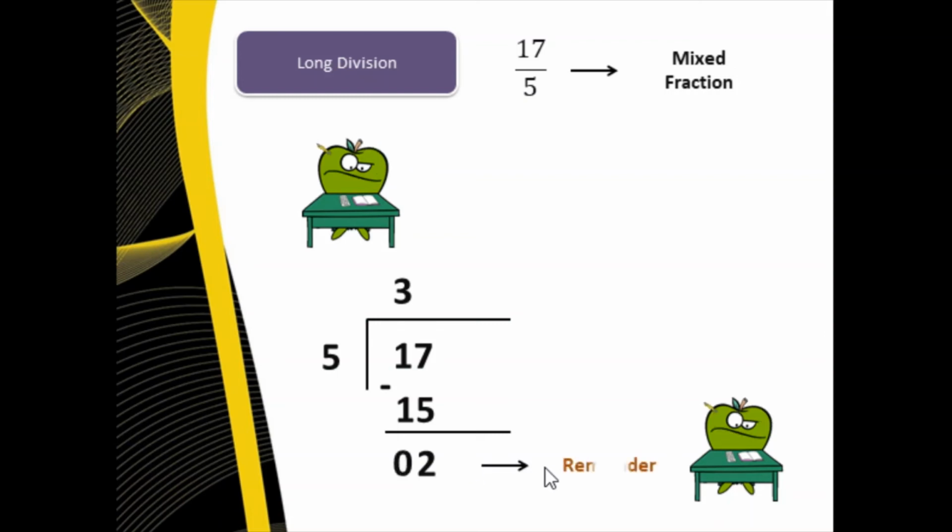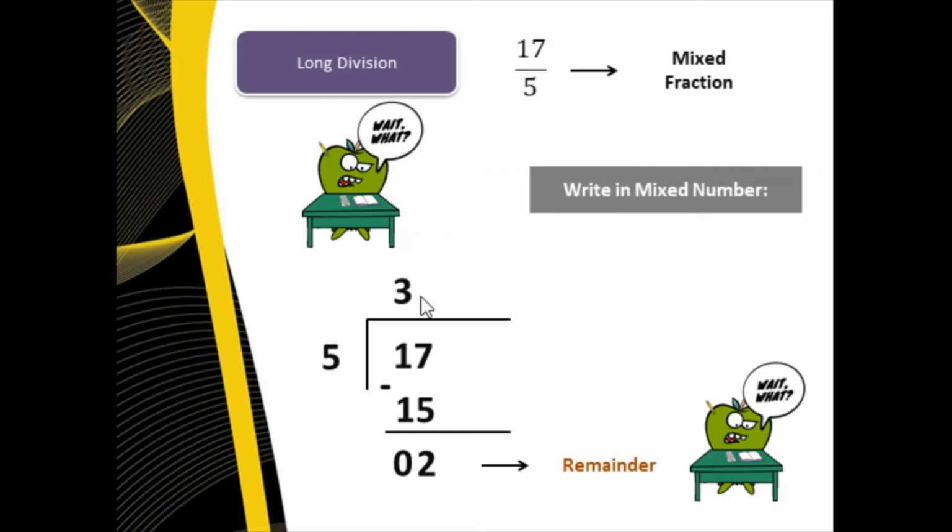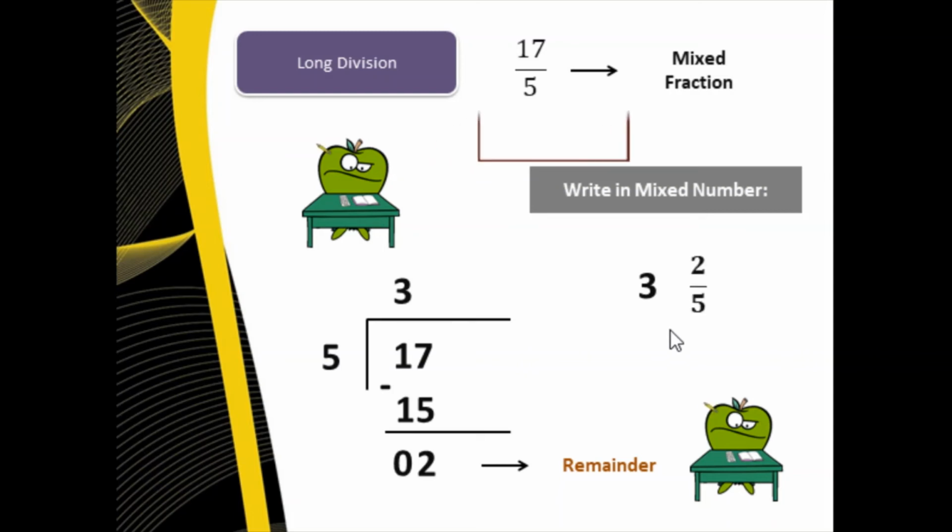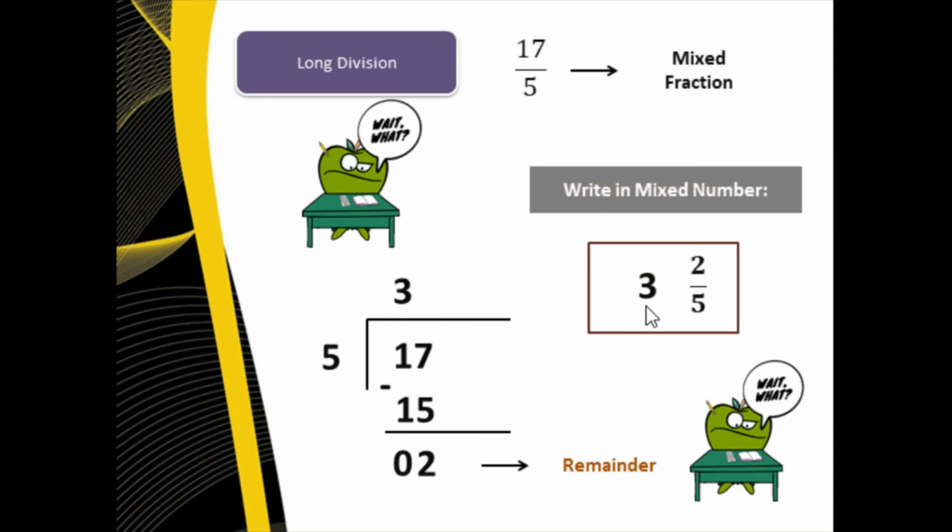Very good. Now let's write. Copy the answer on top. It's 3. Copy the remainder, 2, and copy the denominator, 5. So the final answer is 3 and 2/5. Again, 2 is our, what is this? Can you read this one? Remainder. Very good.